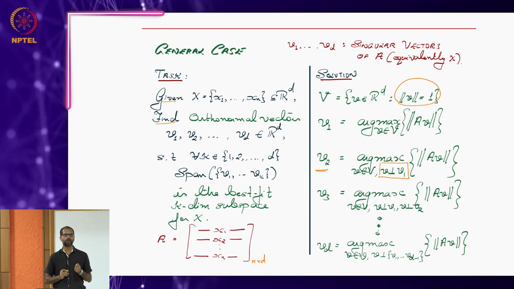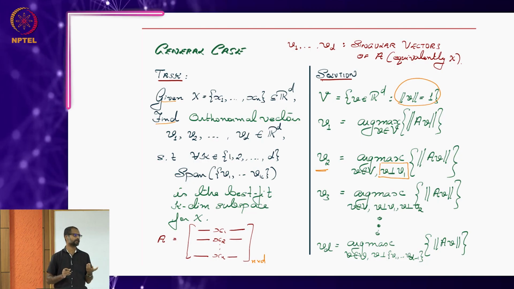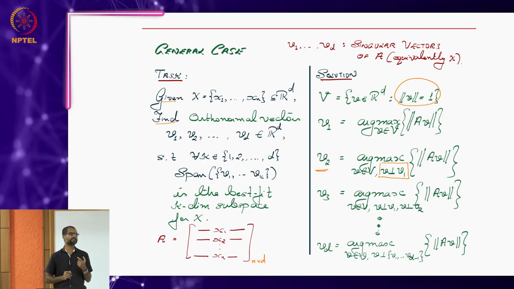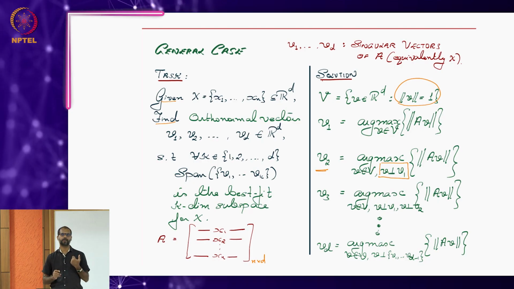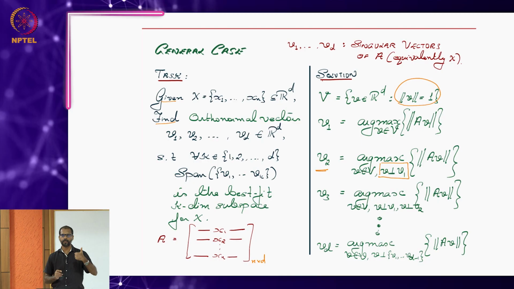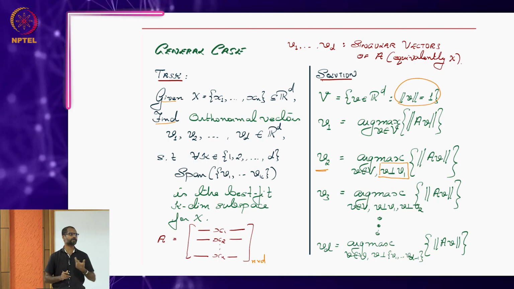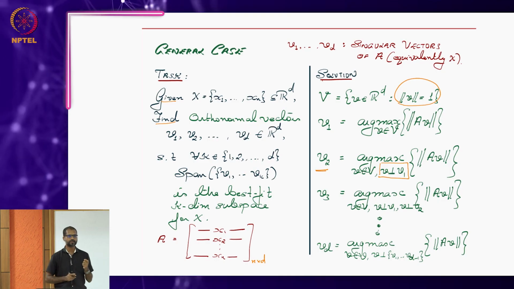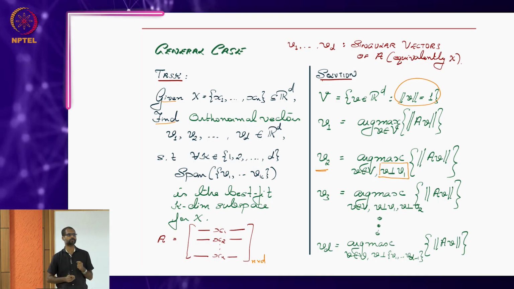We are now looking not at every possible vector on the unit sphere, but only among those vectors which are orthogonal to the first vector we already found. So this is an iterative algorithm. You can find v2 only after you have already found v1. Our search space is limited to those which are orthogonal to v1.